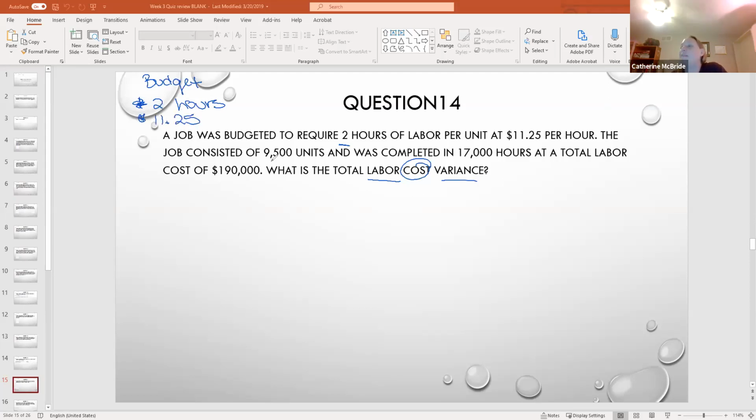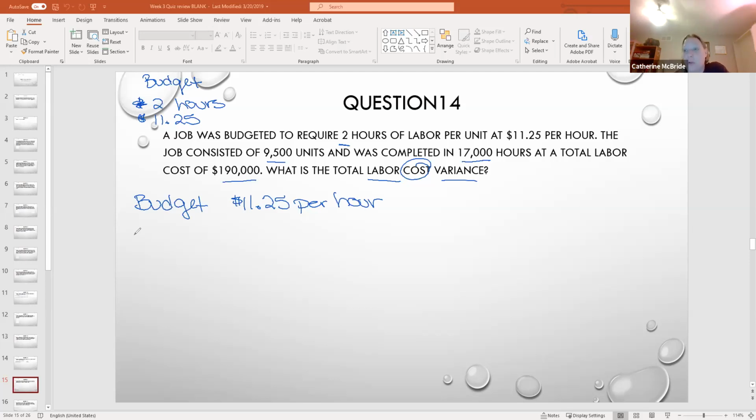The job consisted of 9,500 units and was completed in 17,000 hours at a total labor cost of $190,000. So what do we know? We know that our budgeted cost, because that's all we're looking at, is $11.25 per hour.